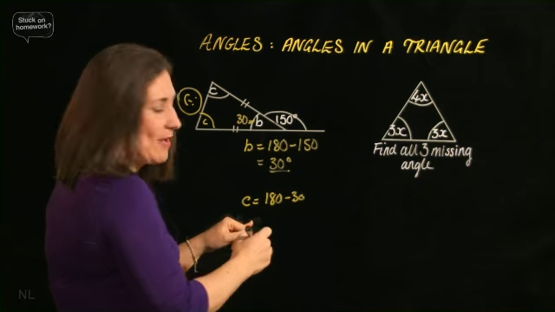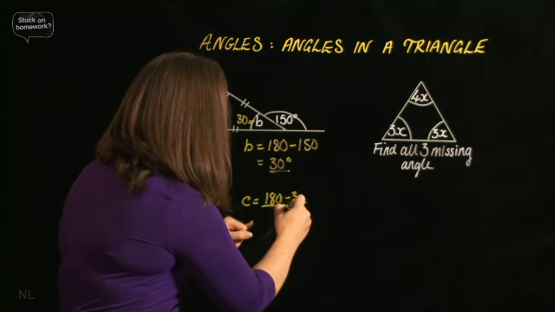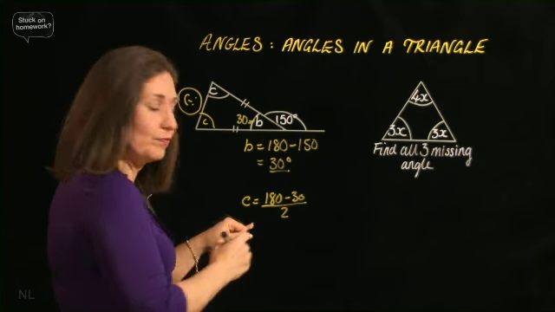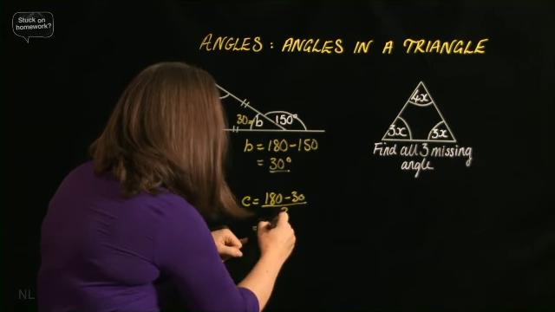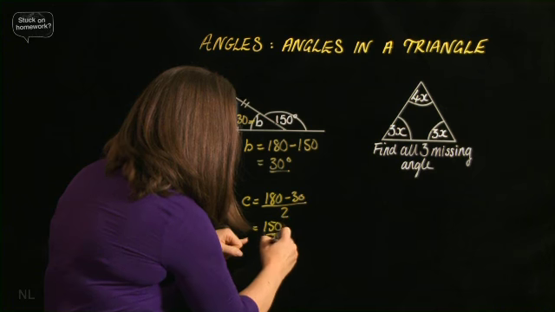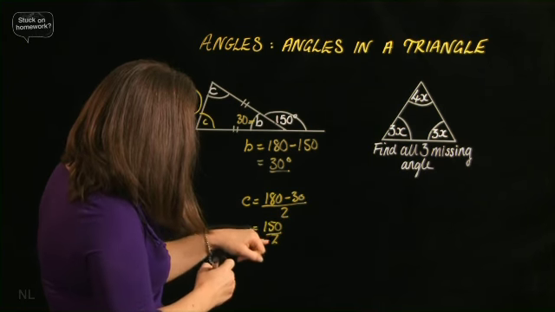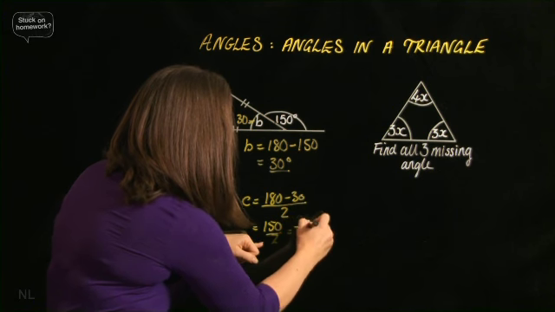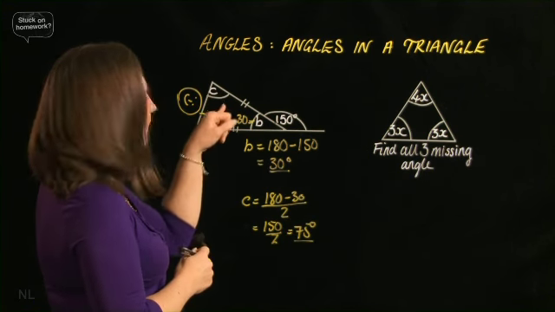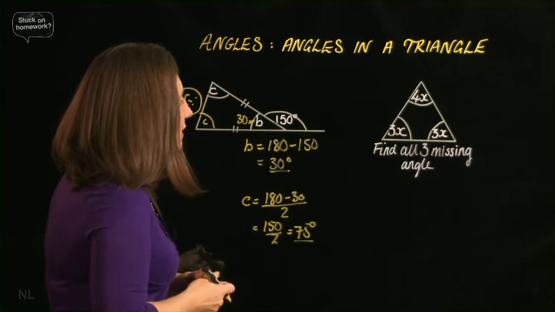Why don't we do it really mathematically and divide by 2? Share the answer by 2. So what's 180 minus 30? Well, that's 150. Divide that by 2. Notice I keep the divide by 2 there because I haven't used it up. And you get 75 degrees. So they're both 75.